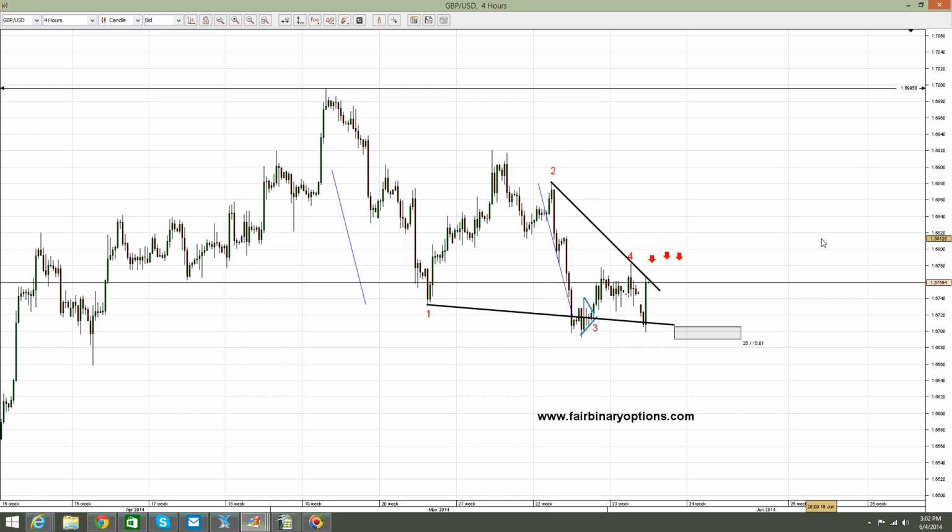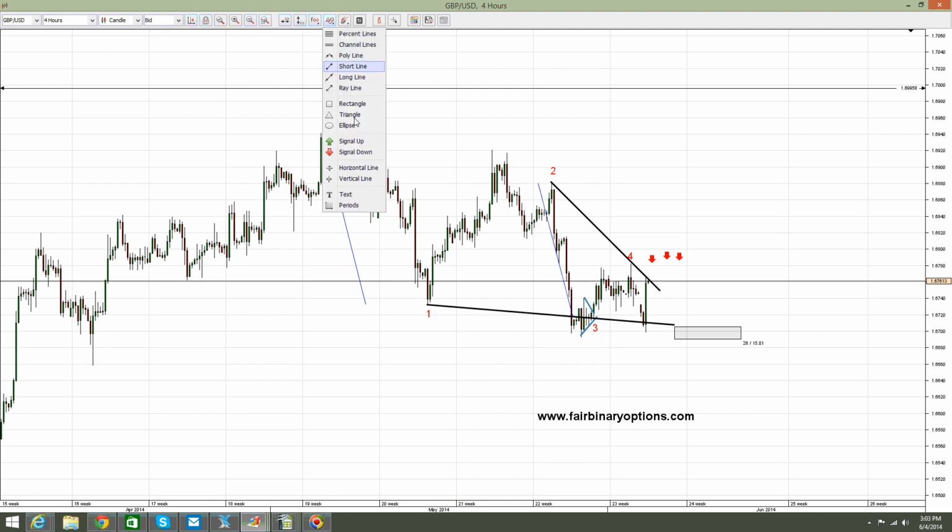Other than that, if you look at the fundamentals to come, the ECB and Bank of England, and the non-farm payrolls in the United States, I would say the chances are, even for end of week, for the market to move lower. But nevertheless, let's stick with end of day, and let's see if it turns out to be a profitable option or not.